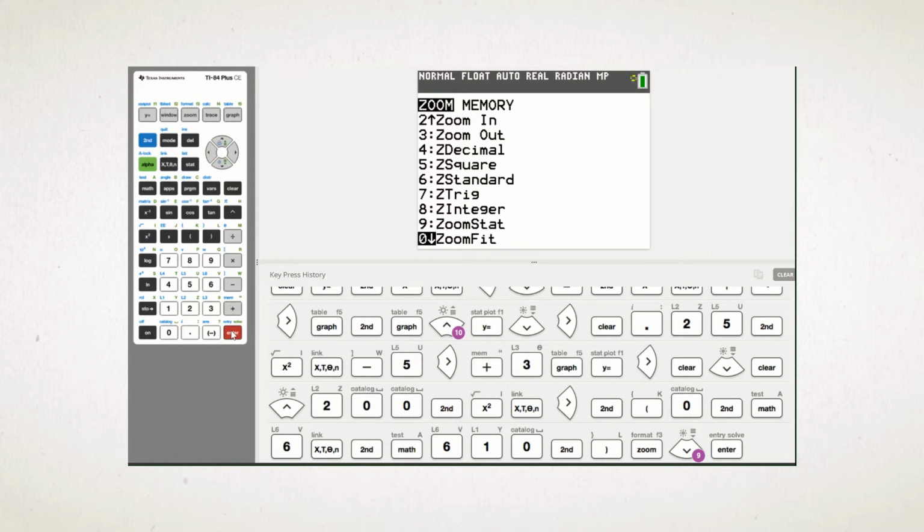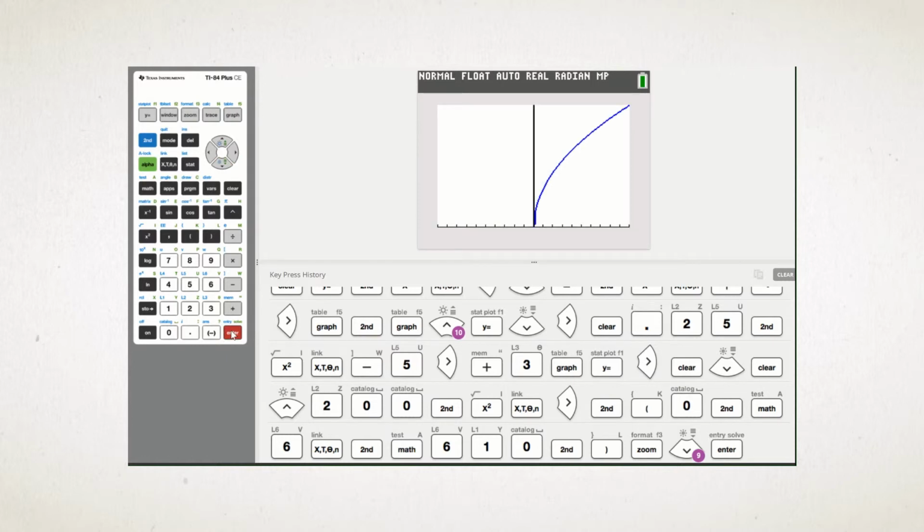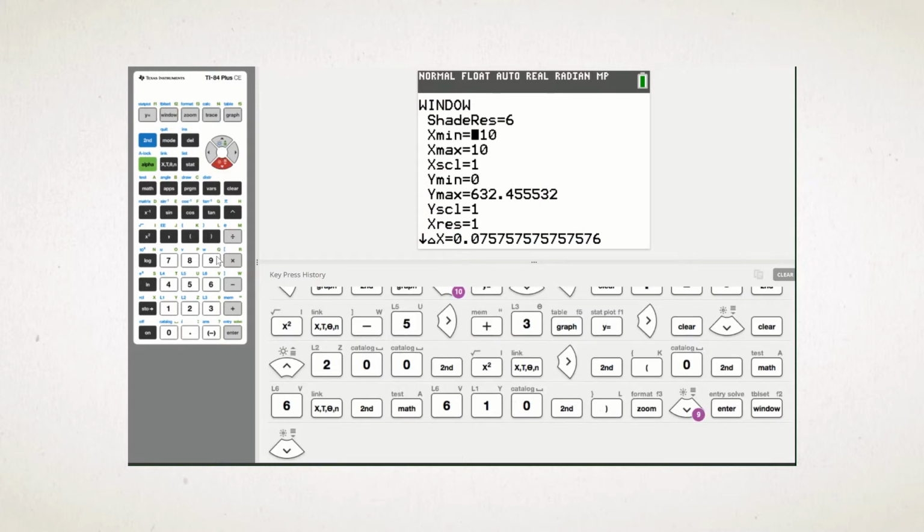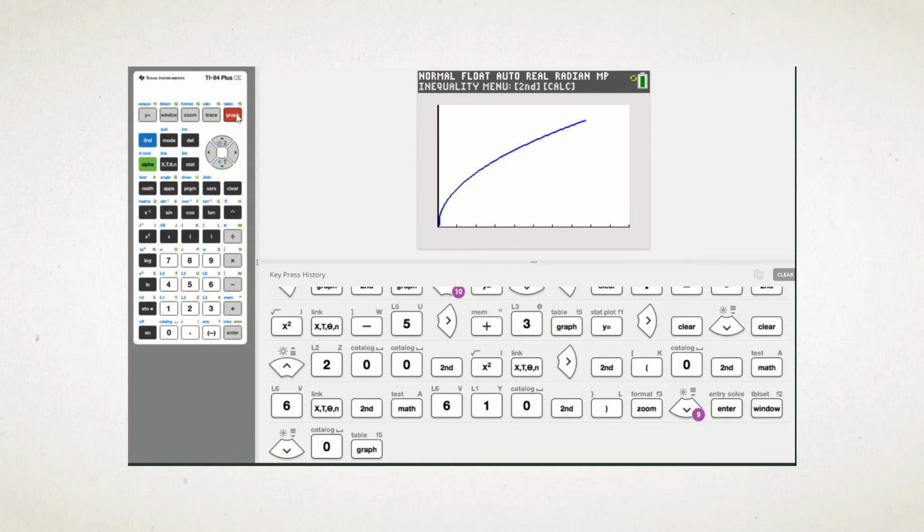So I'm going to hit enter. Let's see what happens with our graph. Okay, I'm going to go in my window and change that because I'm going to move my X values down to 0. I'm going to look at it based on that. Now let's go look at the graph, see what we got. All right, so there is our graph. It looks just like a square root function, doesn't it?